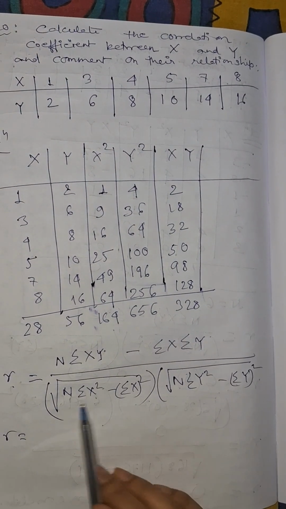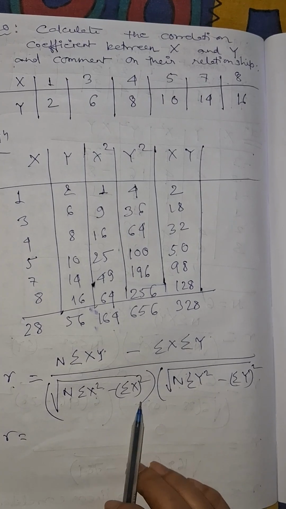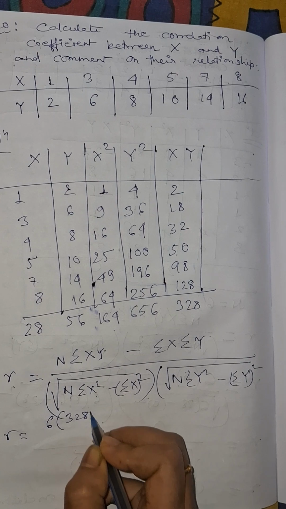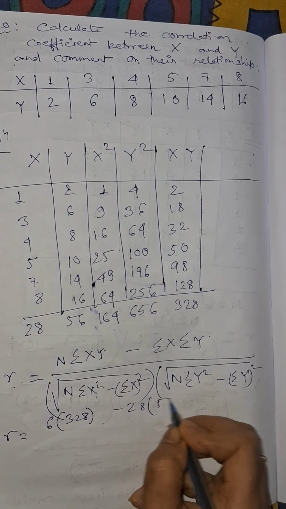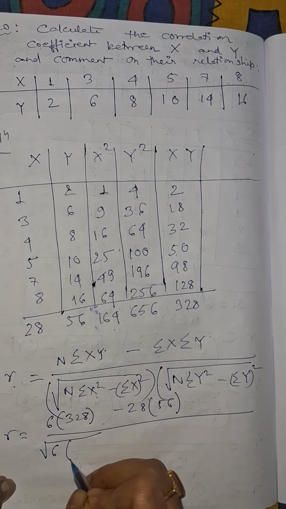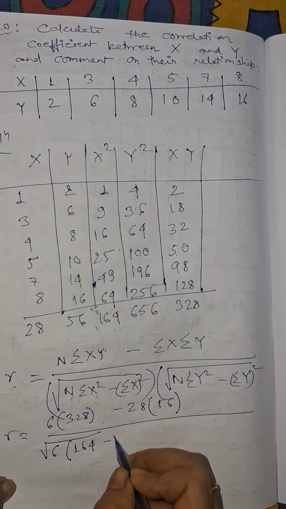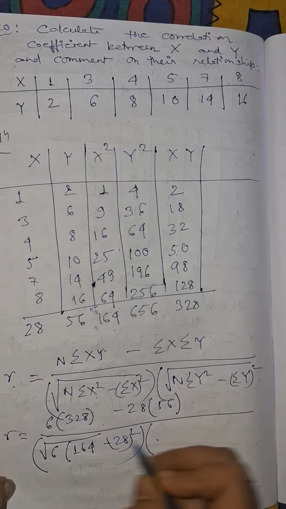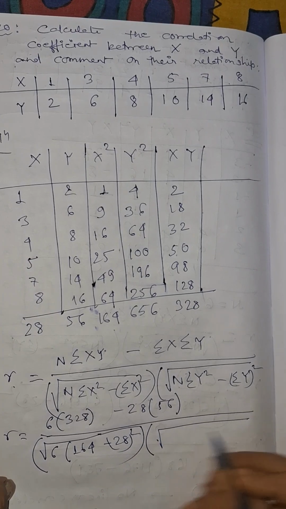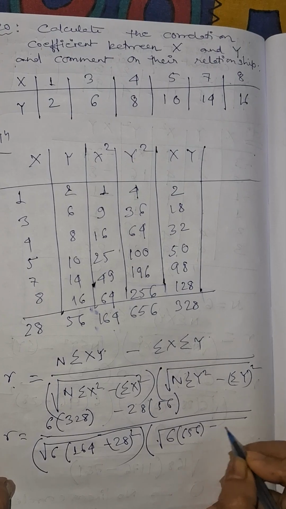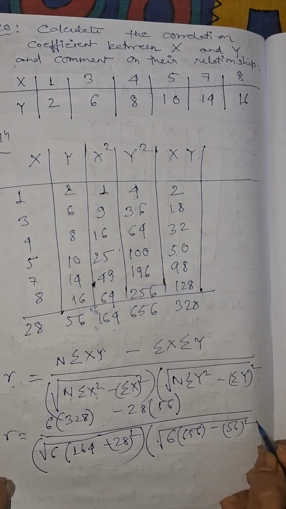So we put it in the formula of r, or the Karl Pearson's correlation coefficient, which is 6 into 328 minus 28 into 56 divided by root over of 6 into 164 minus 28 the whole square by root over of 6 into 656 minus 56 the whole square.